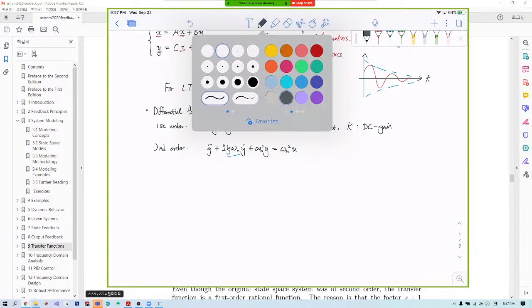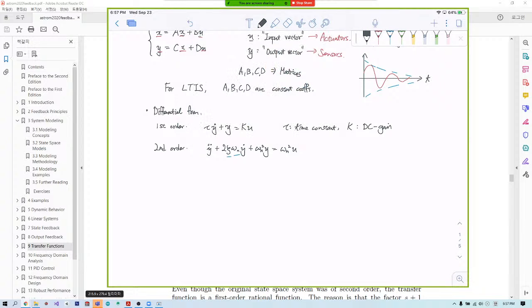All right. Usually, most of the things that happen in this real physical world can be described either in first or second order ODEs. So this is another way of describing the system.